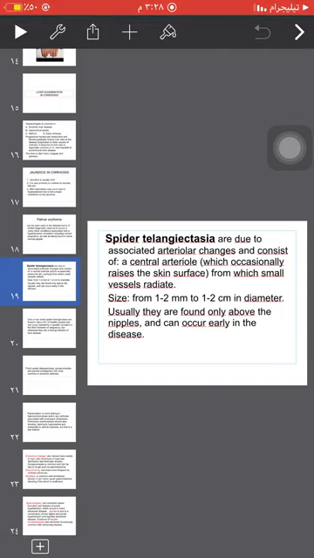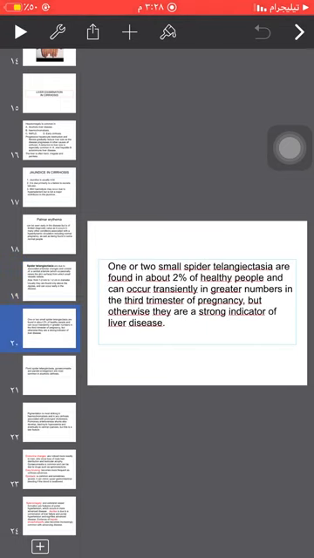Usually found only above the nipple and can occur early in disease، يعني أكتر شيء موجود above the nipple، ولكن ممكن تشوفه بالنوز، فوق النوز، بالابدومن، بالهاند، يسموها spider angioma أيضا.